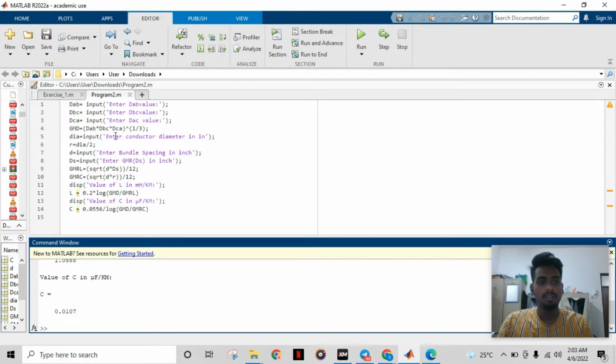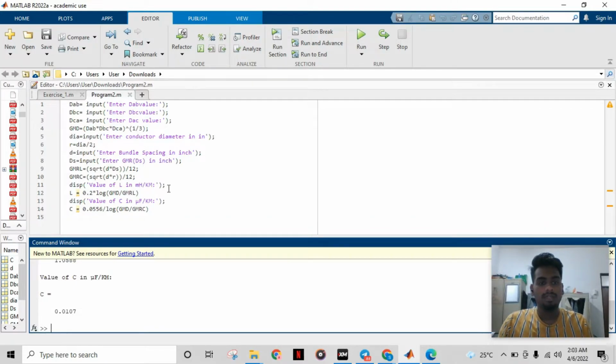For the diameter, we need to enter the conductor diameter in inch. For the radius, the formula is diameter over 2, and D is the bundle spacing in inch. For DS, we must enter the GMR DS in inch. For GMRL, the formula is the square root of D times DS over 12. For GMRC, we need the square root of D times R over 12.